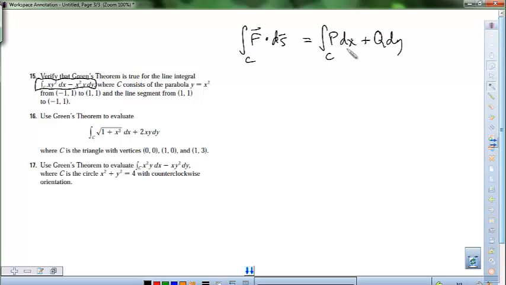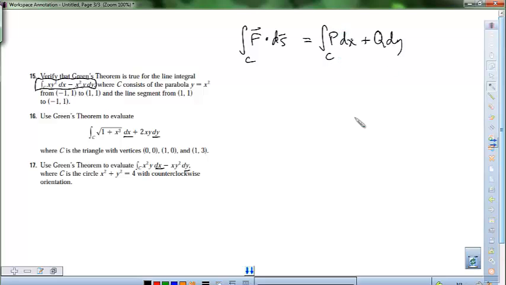So this is not the only reason why you would think about using Green's theorem. However, that's usually a big clue that your line integral is split up into the dx and dy components. And then that kind of moves into that formula where Green's theorem's formula is written like this.